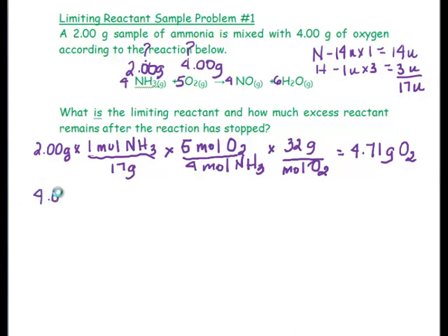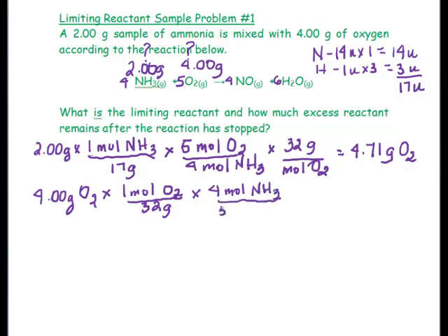I'm going to go 4.00 grams of oxygen and 1 mole of oxygen, as we used in the previous setup, 32 grams. What's our mole ratio? Well, it's going to flip. It's going to be 4 moles of ammonia for every 5 moles of oxygen.